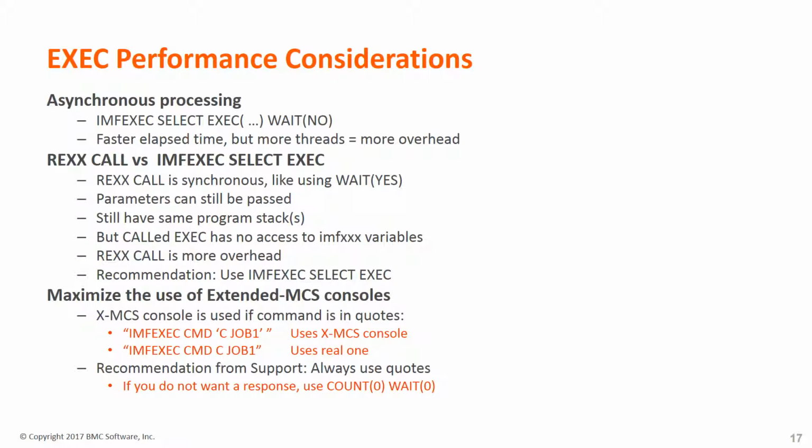The REXX calls are synchronous, like using a WAIT YES. You can pass parameters. They have the same program stack as you would have with an IMF SELECT EXEC. But the called exec does not have access to any of the IMF variables populated by AutoOPERATOR. It also has more overhead. So our strong recommendation is use the IMF SELECT EXEC statement as an alternative to REXX calls.